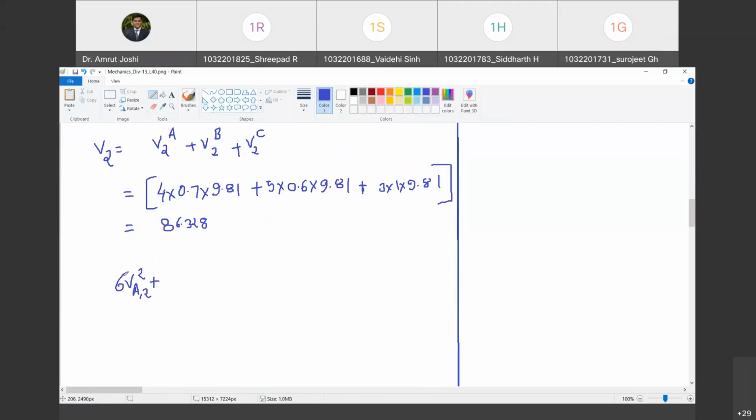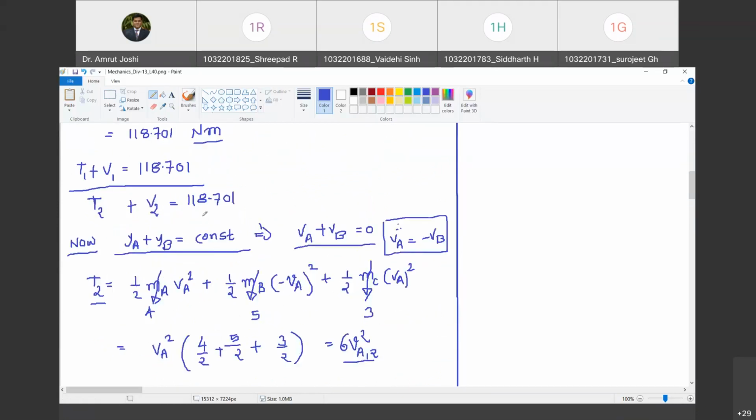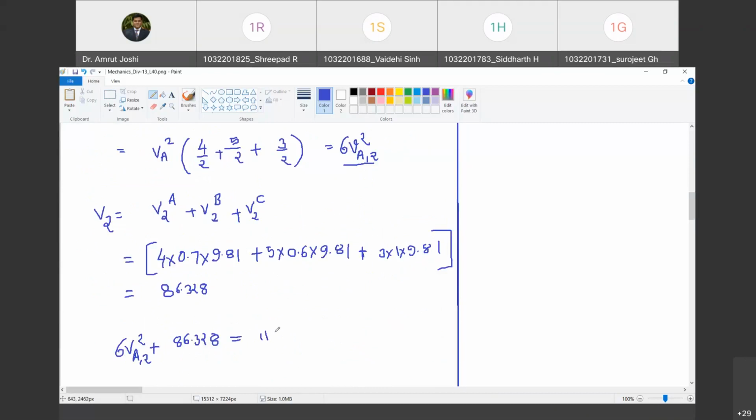So 6 VA2 square plus 86.328 has to be equal to 118.701.